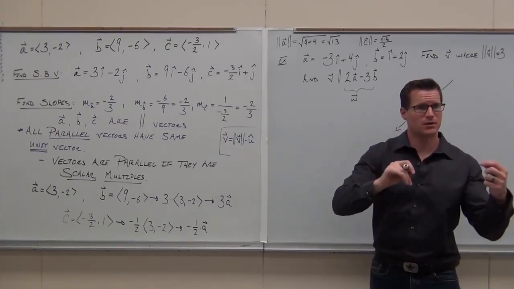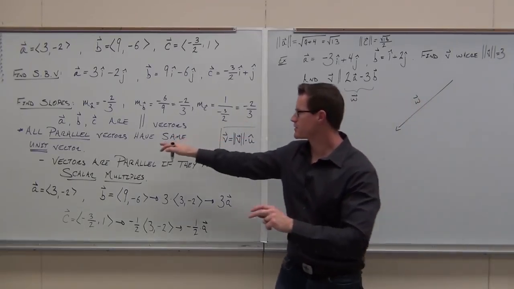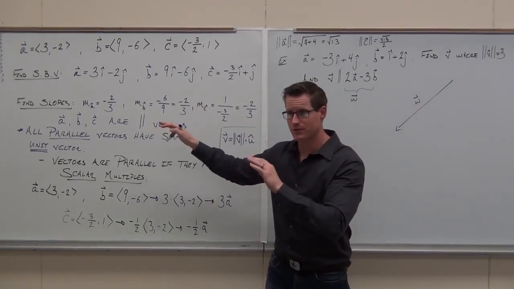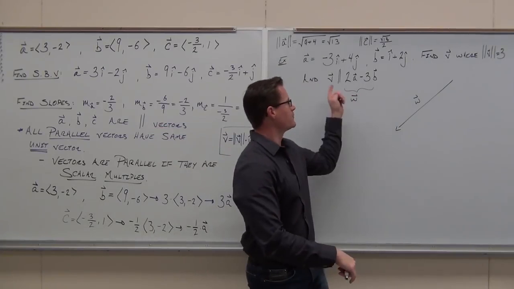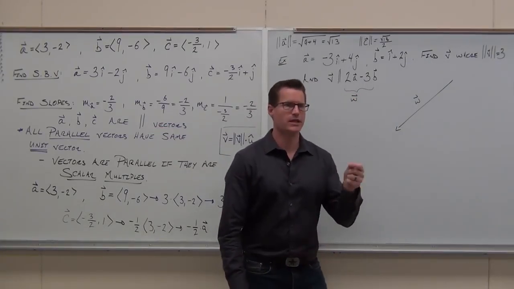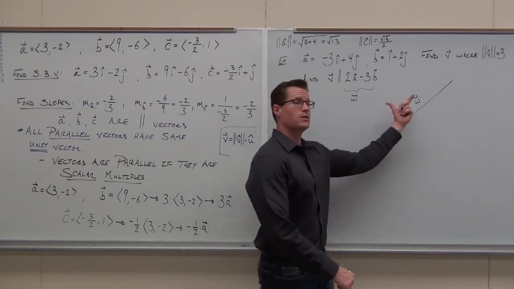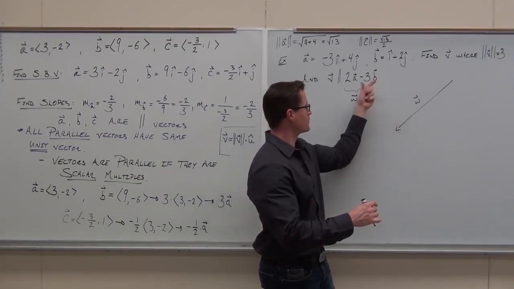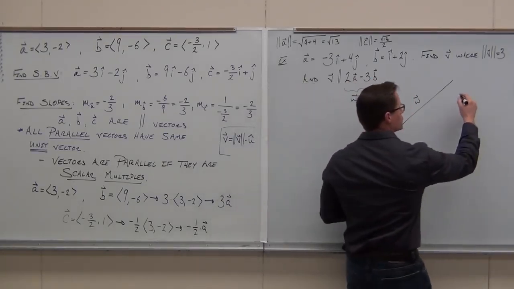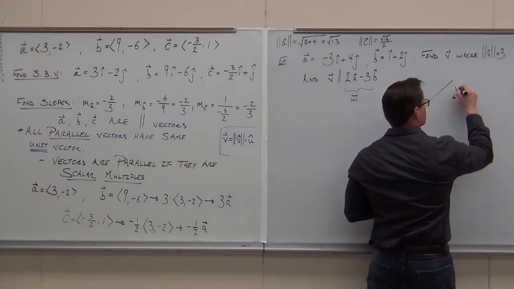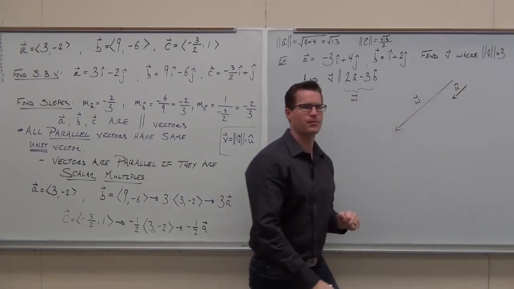If we want something parallel, please notice, parallel vectors have the same unit vector. So if you're ever asked to find a vector parallel to another one, you need a unit vector. Is that clear enough for you? So we're going to take this vector, whatever it is, and shrink it down to a unit vector.